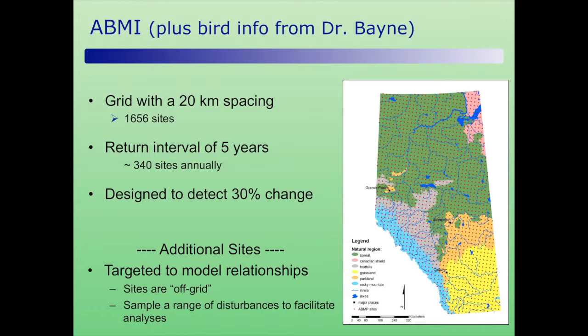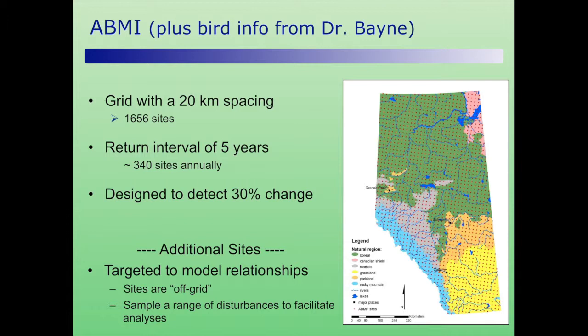Part of the desire to move ahead or to think about this question is there was a group of us that were working with the Alberta Biodiversity Monitoring Institute. We said, the data we collect as part of the ABMI should be able to be used to help folks do cumulative effects assessment for biodiversity.